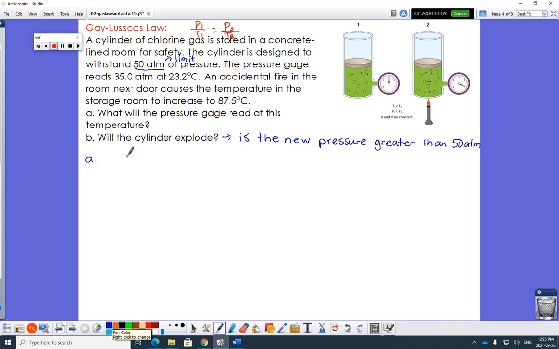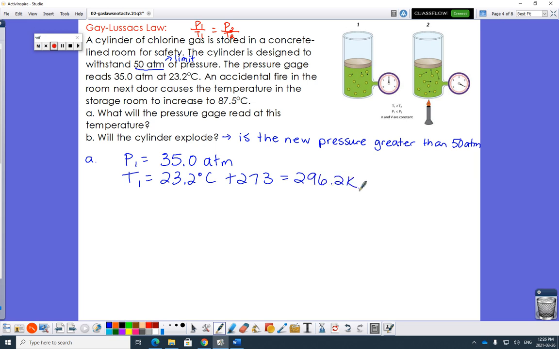So initially the pressure is 35. At 23.2, again, we want Kelvin. Pressure 2, 87.5.